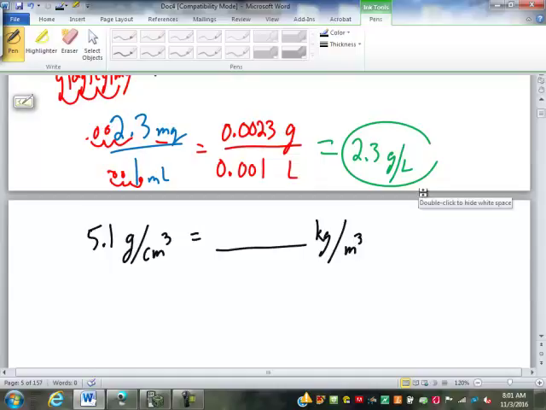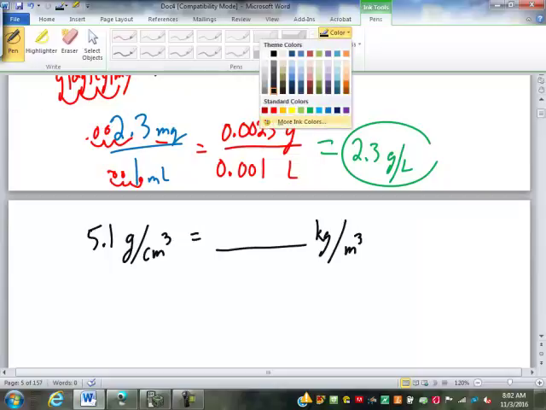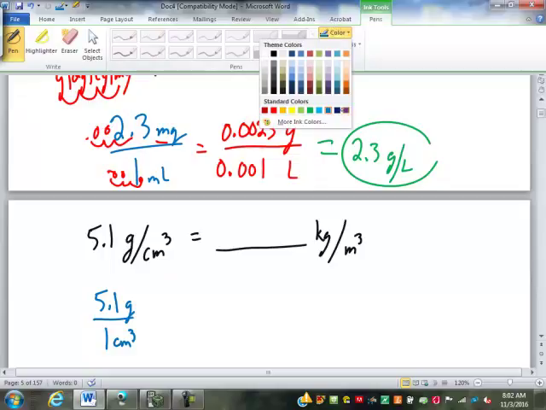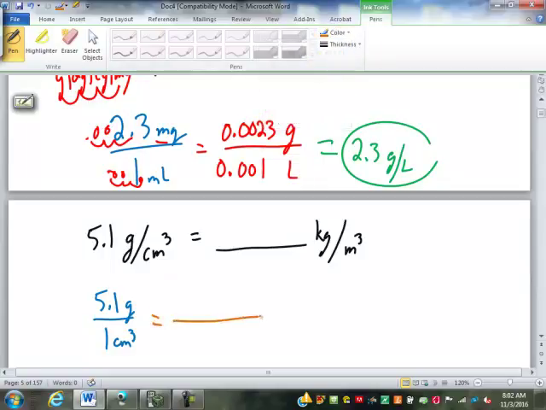Let's say we have an object that has a density listed as 5.1 grams per cubic centimeter. That's saying it's about 5 times as dense as water. I want to know what that's going to be in kilograms per cubic meter. So again, I'm just going to change each of those. Grams have to change into kilograms. To get from grams to kilograms, I'm still moving 3 spots to the left. Putting in zeros makes that 0.0051.